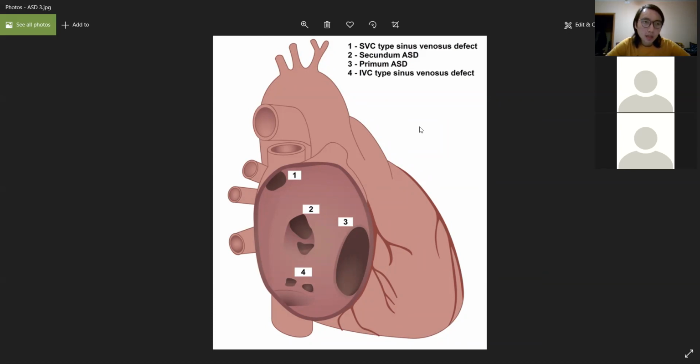According to USMLE and MRCP, there are just 2 types, but according to the ESC guideline, there are over 5 types of ASD. When I dug some more, the information I got was more reflective of the ESC guideline than the USMLE and MRCP board exam resources.